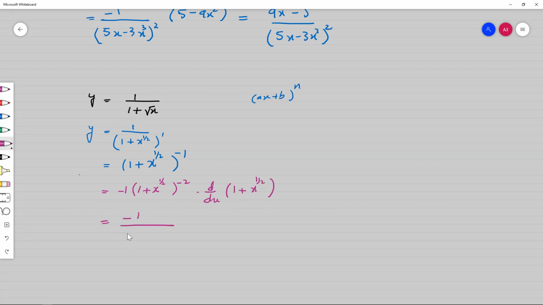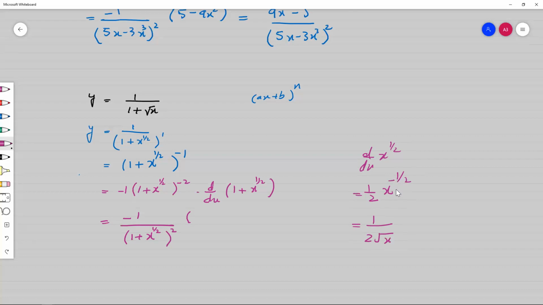We can shift in numerator because the whole power is negative. So we can make positive square. The derivative of this 1 is 0, while the x power 1 by 2, d over dx x power 1 by 2. So we can write 1 by 2 first, then 1 decrease from this whole power, this would become negative 1 by 2. So or you can write 1 over 2 square root of x.